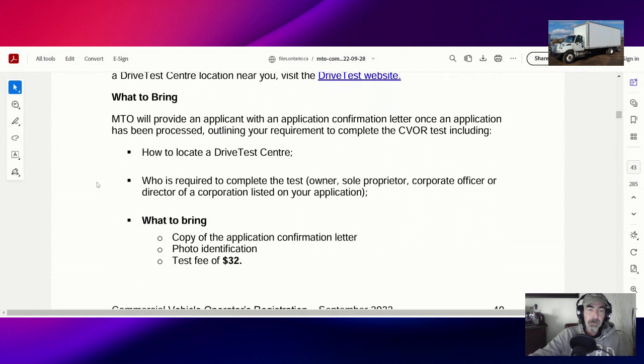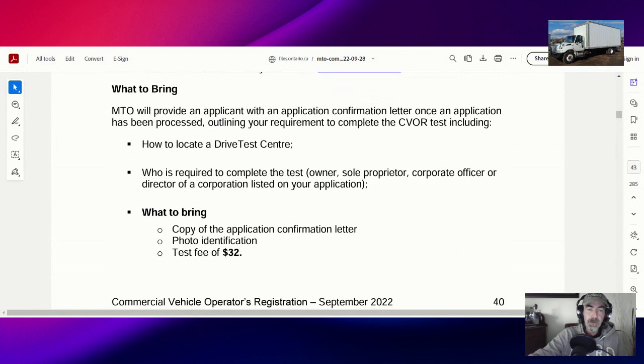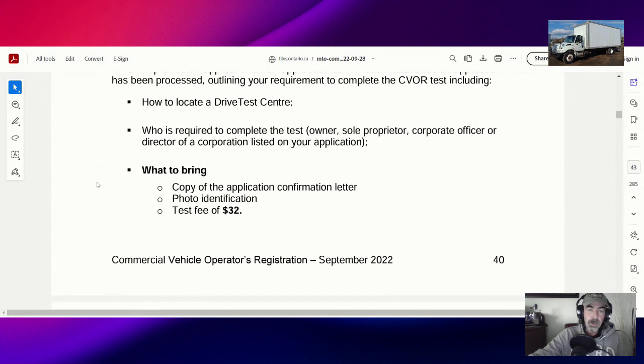What to bring? MTO will provide an applicant with an application confirmation letter once an application has been processed, outlining your requirement to complete the CVOR test, including how to locate a drive test center, who is required to complete the test, owner, sole proprietor, corporate officer, or director of a corporation listed on your application.